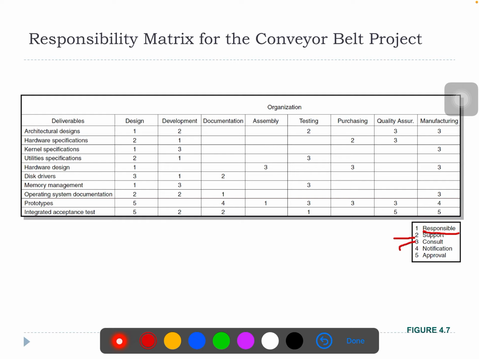Number three, the person you can meet and consult. Number four is the person that should be notified in case anything happens. And number five is the person who's supposed to give the approval. If you look at this, the person who should give the approval usually is the person with the highest ranking.